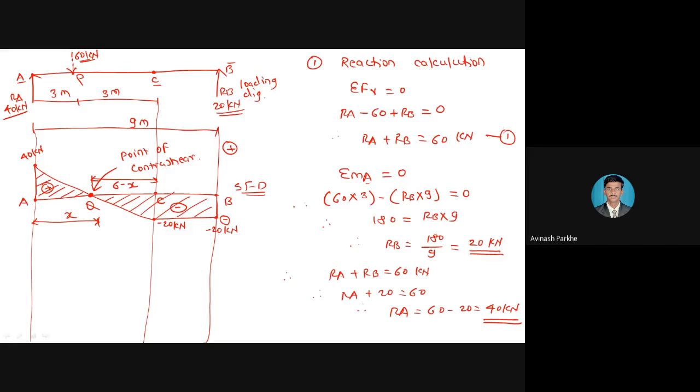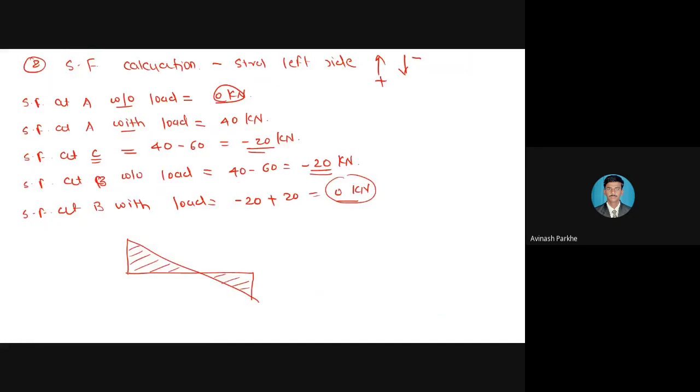From A to C, one triangle in the positive region and one triangle in the negative region. This is the 0 point, this is point A, this is point Q, and this is point C. This is the 40 kilonewton force, and this is minus 20 kilonewton force. So this is the X distance, this is the 6 minus X distance.